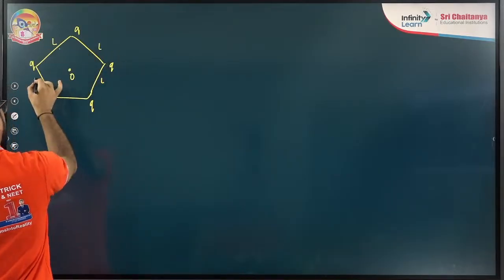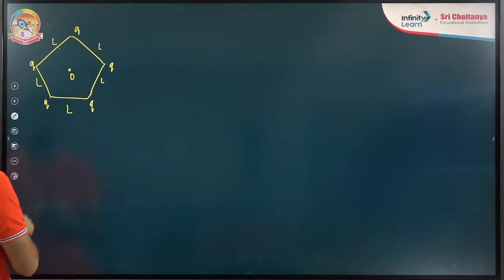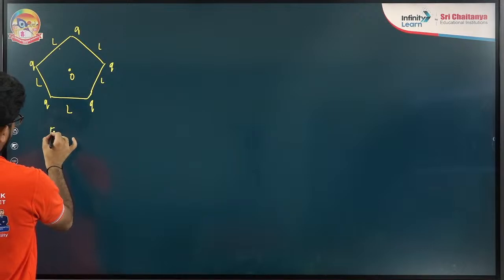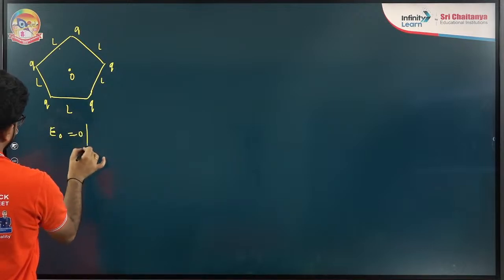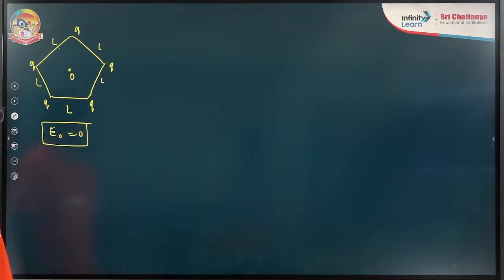I am saying regular pentagon actually. So this is a symmetric situation. At this center, field would be again 0. Field at O is equal to 0. No problem. So any n-side polygon you are taking, that answer would be 0.